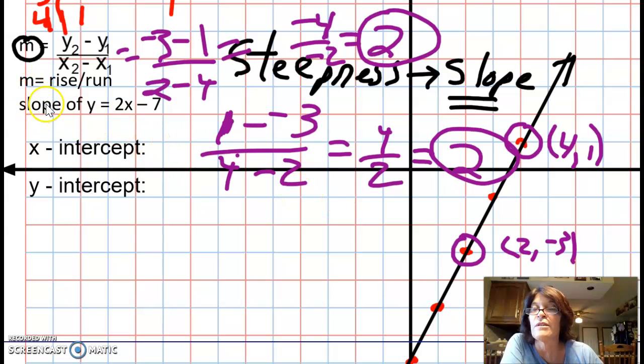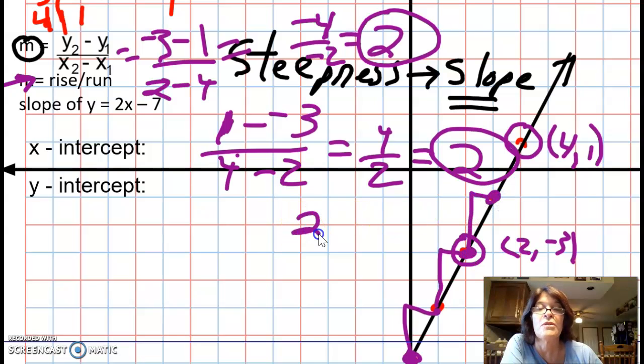Another way that you can define slope is by rise over run. Rise over run means you start somewhere, any point you want. How many do you have to go up and to the right to get to your line? So I have to go up 1 and to the right 1.